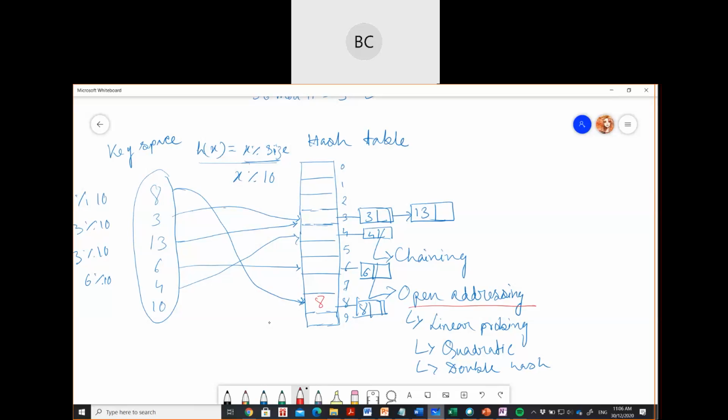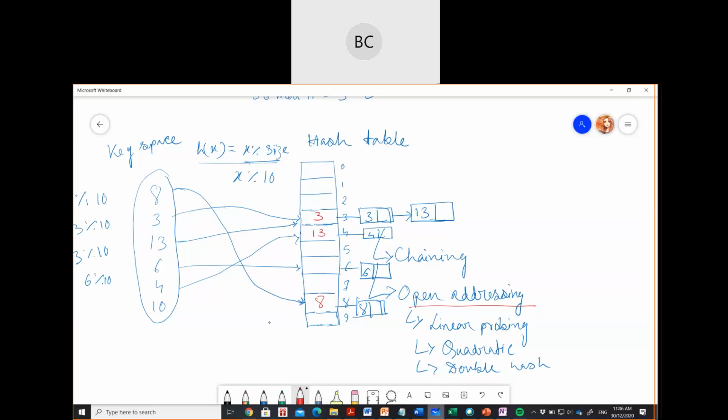Now the value is 3, so 3 will come here. Now 13: 3 and 13 collide. So I'll store 13 in whatever is the next empty space. Since this index is already occupied, I'm going to store 13 here.